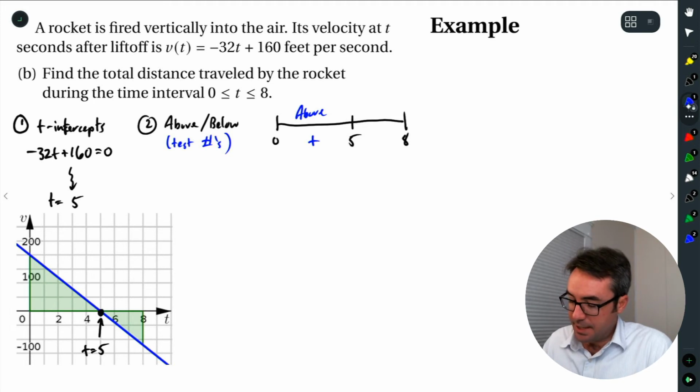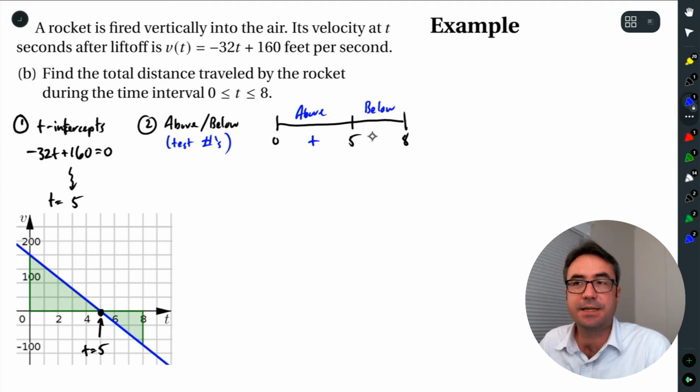And then we could play the same game for the interval from 5 to 8. We can clearly see that on this section it's below the horizontal axis. But if we didn't have the graph, we could pick a test number, maybe like 6, plug 6 in, and we'd get negative 192 plus 160. It's a negative value.